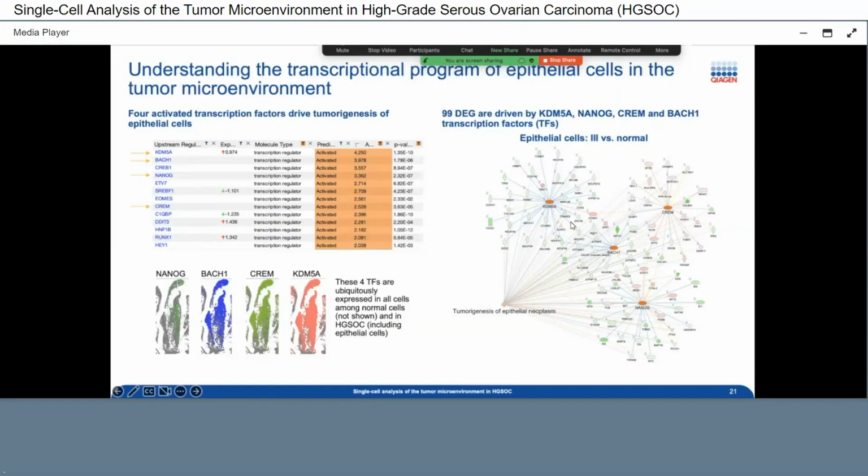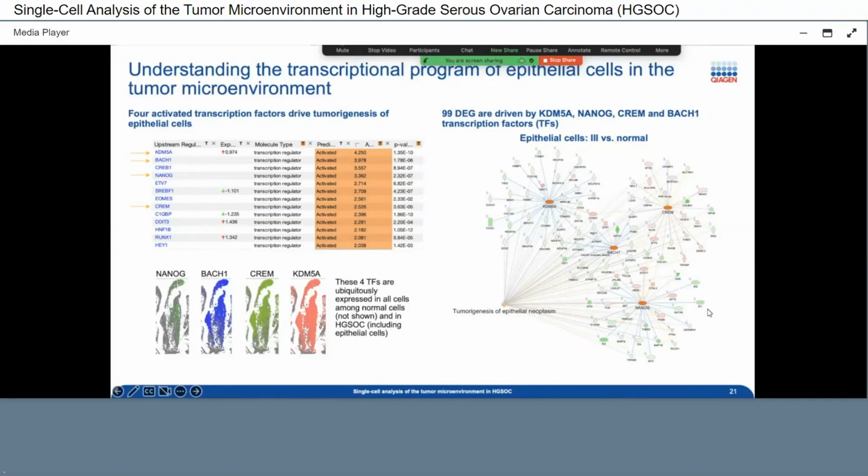They are associated by expression and transcription edges. Based on the expression of these genes you see here, green is downregulated in the stage 3 versus normal, or red will be upregulated in the stage 3 versus normal for epithelial cells here. Based on that expression pattern, we have determined that all of these transcription factors are predicted to be activated. Very nice score.